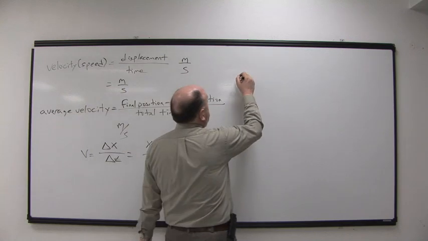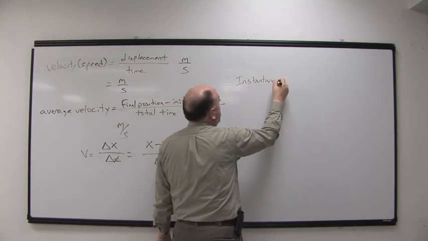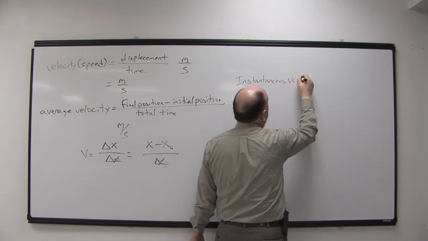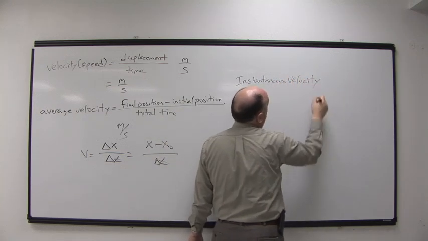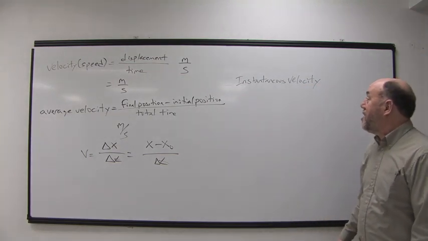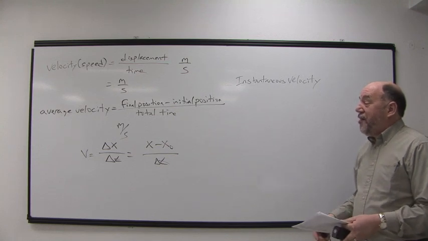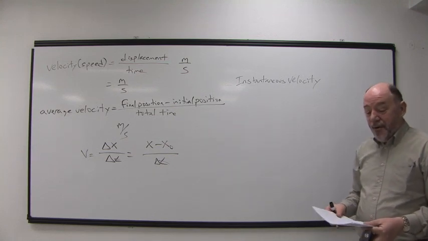You can also look in terms of your instantaneous velocity, and instantaneous velocity is how fast you are going at any given point in time. One way you do that if you're driving your car is you just look down at your speedometer and find out how fast you're going at that moment.